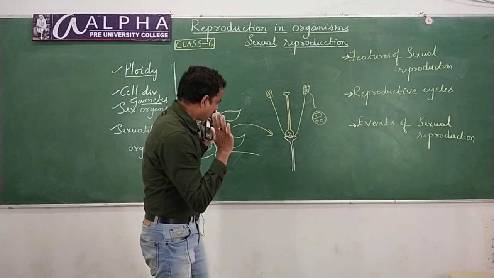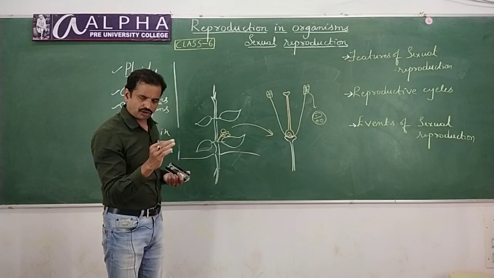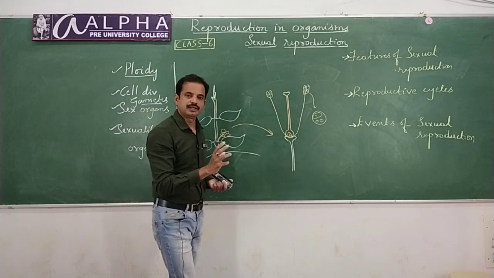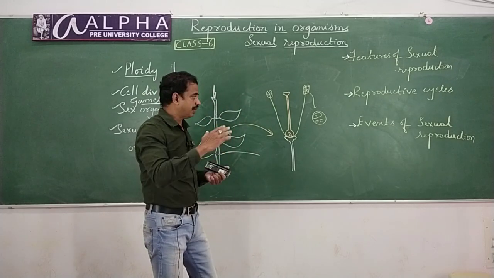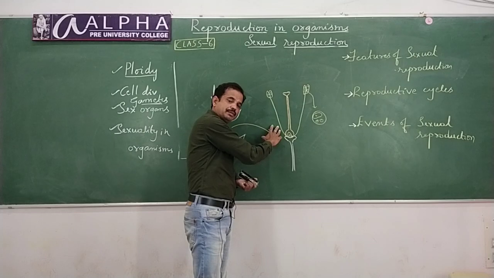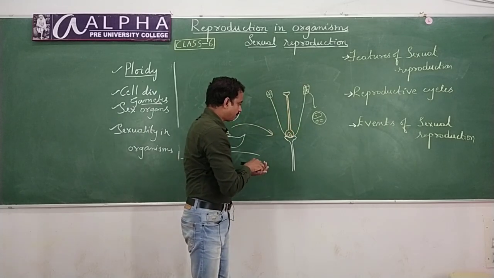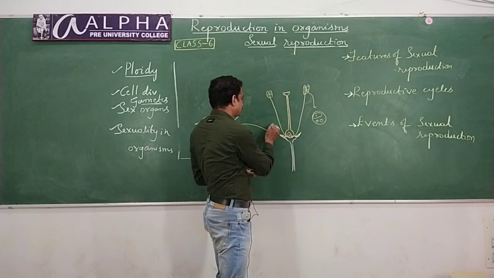So in plants, these sex organs, stamen and pistil, are present in the flower. The male sex organ, stamen, and female sex organ, pistil, are both present in the same flower, in the example which I have given here.